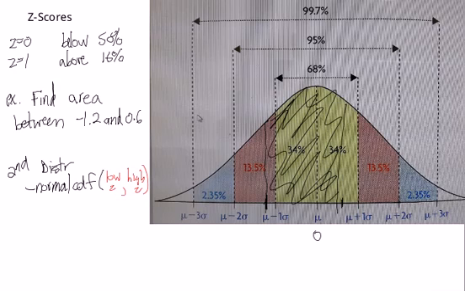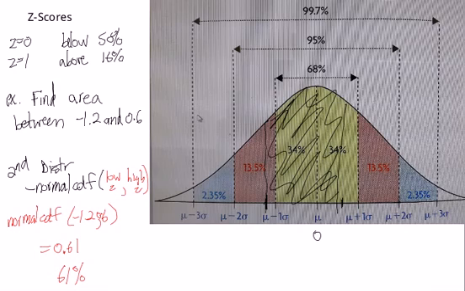Hit enter, and for normal CDF, negative 1.2, comma 0.6, we get an answer of 0.61. So what that means is we would have 61% of the data in between that range.